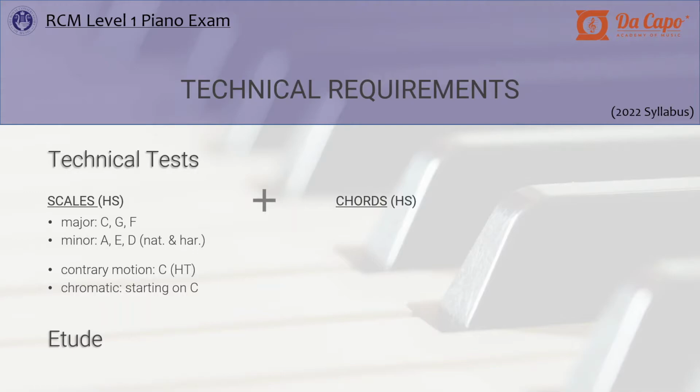And for the minor, we need to know 3 minor scales, A, E, and D. And for each one of these, we need to know 2 versions, so the natural and the harmonic version. Then we have our contrary motion scale, so C major contrary motion scale, and this is actually the only scale we need to play hands together. And finally, we have our chromatic scale starting on C.